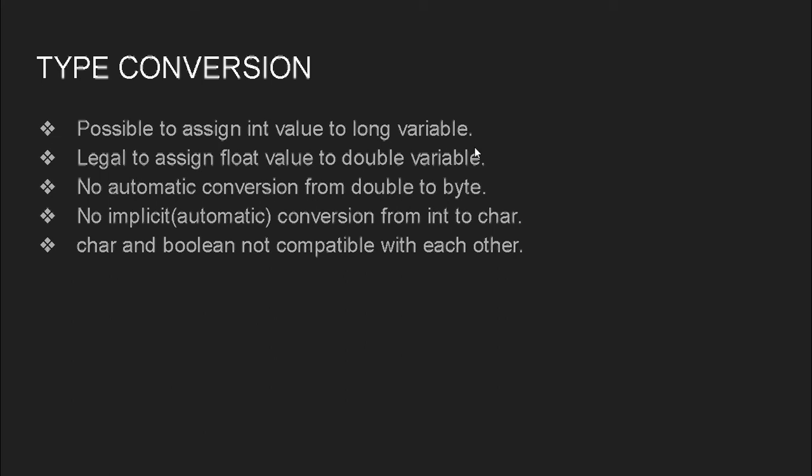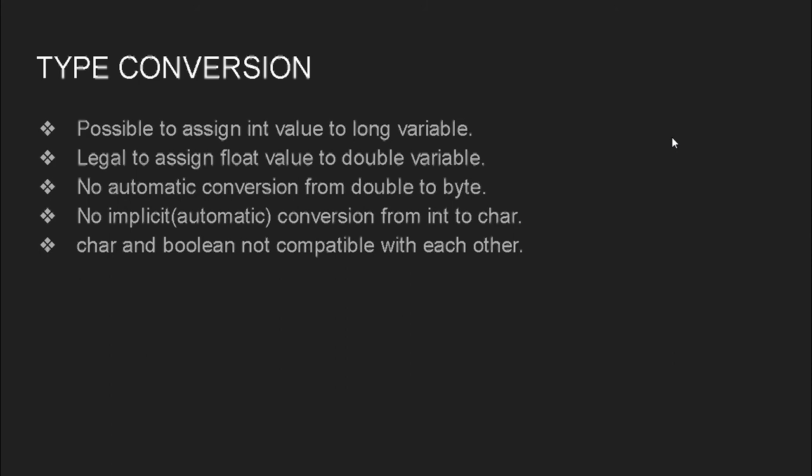What I mean by this is that you can create a variable of data type long, and you can assign it an integer value, like I'm saying long i equals 25. That is perfectly legal. The compiler is not going to throw any error. Then it is legal to assign a float variable to a double variable. You can even assign float to double. That is not going to throw any error.